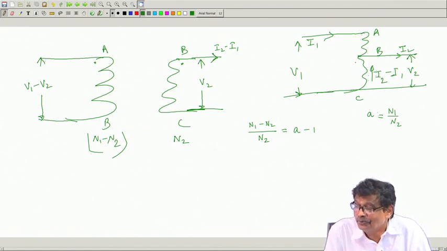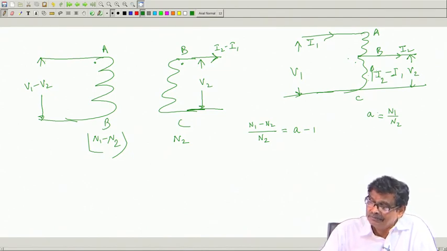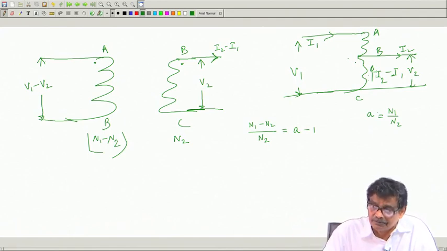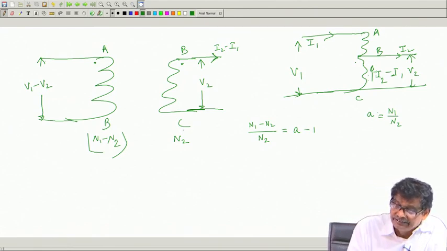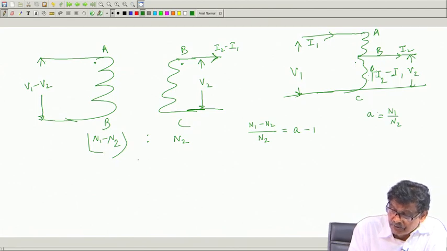Because as I told you, these coils are really unaware of whether it is connected like an auto transformer or like a two winding transformer. So, this is the thing, and if that be the case, then this is a transformer of ratio a minus 1 is to 1.